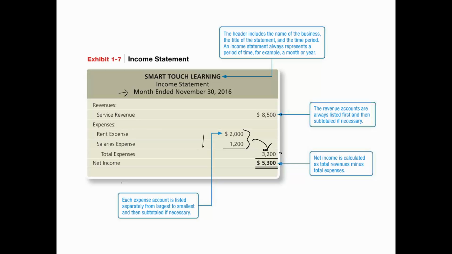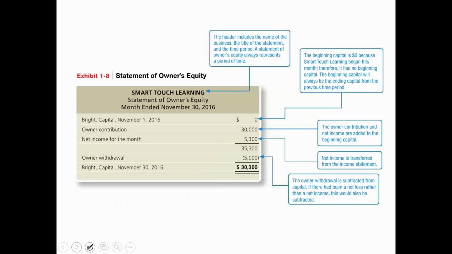On the income statement, revenue or expenses are listed biggest to smallest, but if you have miscellaneous expense, that always comes last, even if it's not the smallest. Then we take this net income and we give it to the owner. So the next statement we do is the statement of owner's equity.